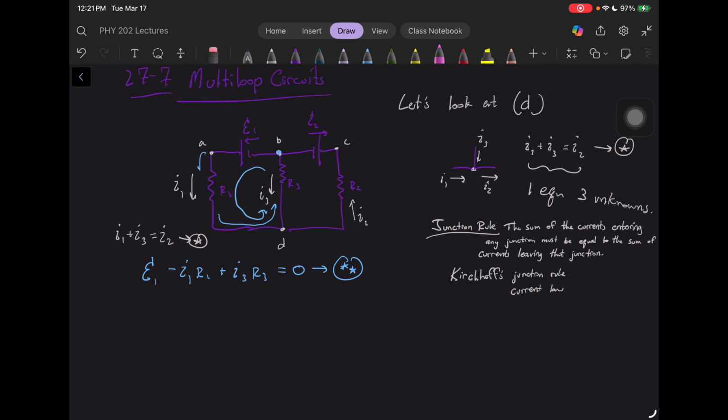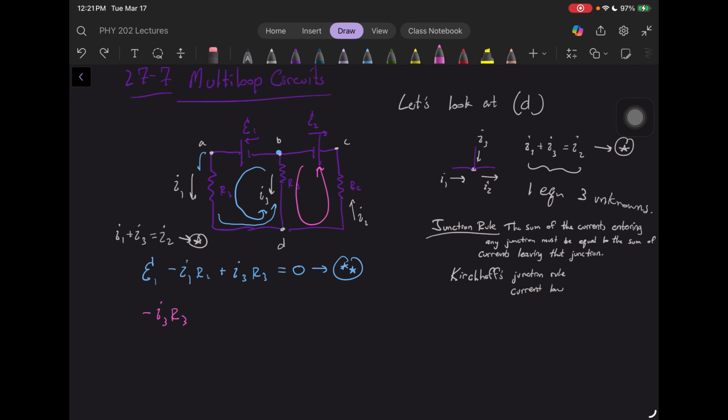Why not? And so let's see. Now let's start again at point B, I guess, and we're going to go this way. First we have minus I3 R3, right? Because we're going straight down through here as our first step.